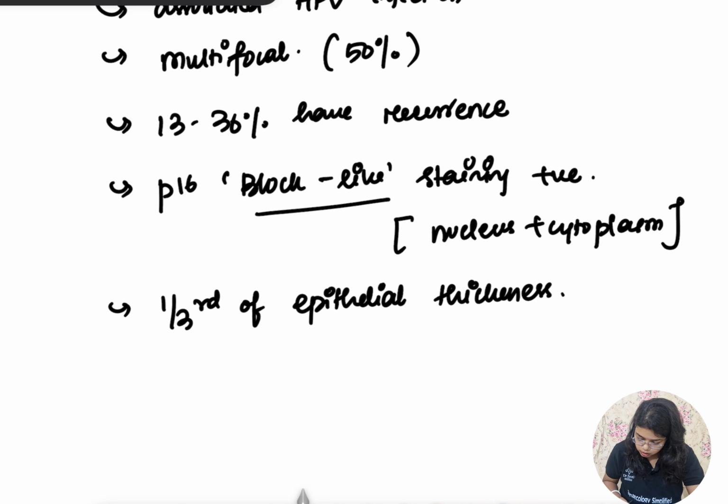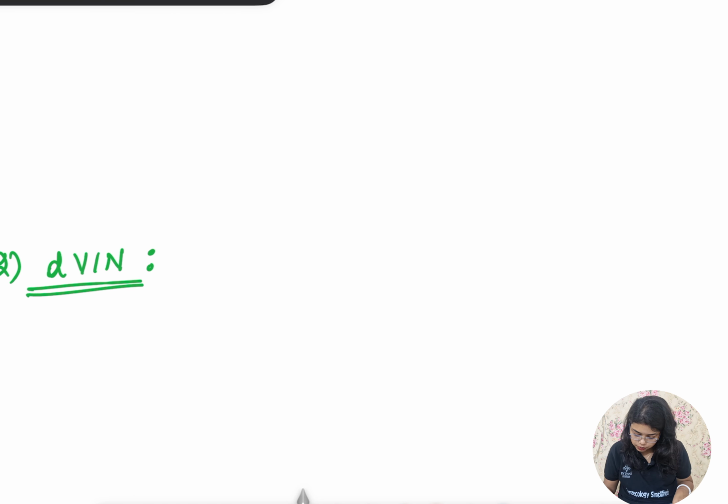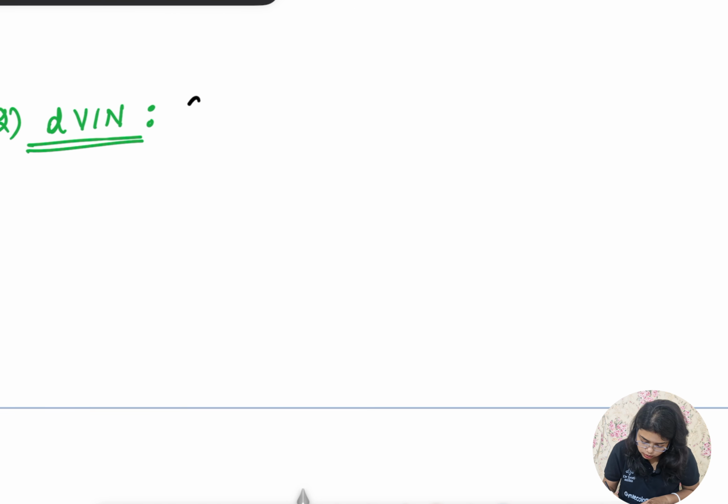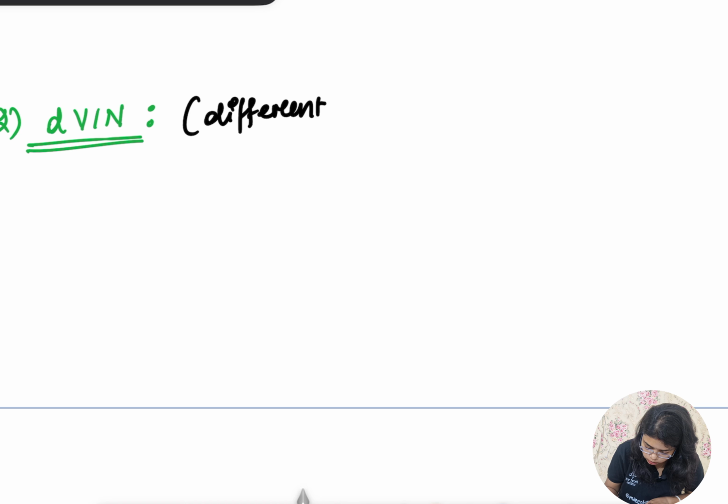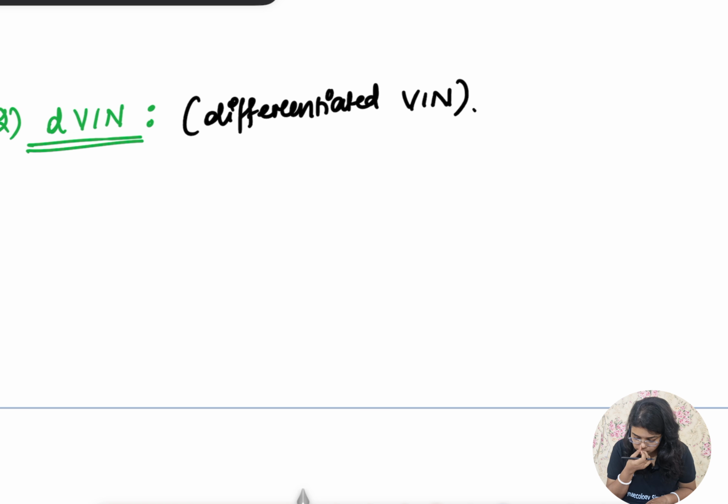Then coming to the differentiated VIN. It takes time and is more differentiated, and it is not associated with the infection. So what is the precursor lesion of the DVIN?